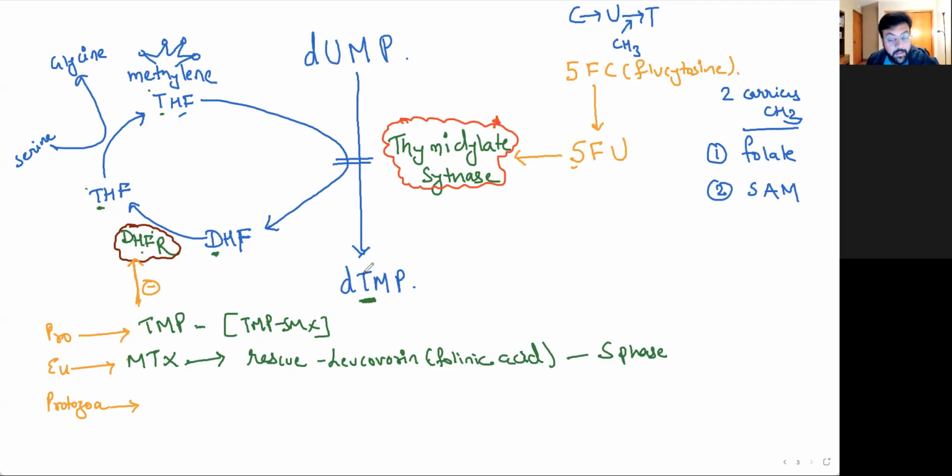Is it used in the treatment of toxoplasmosis or the prophylaxis of toxoplasmosis? Prophylaxis. You are correct. So prophylaxis. Where do we want to give prophylactic dose of TMP-SMX for toxoplasma?